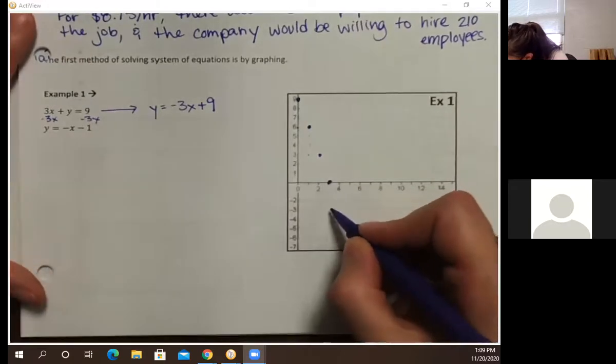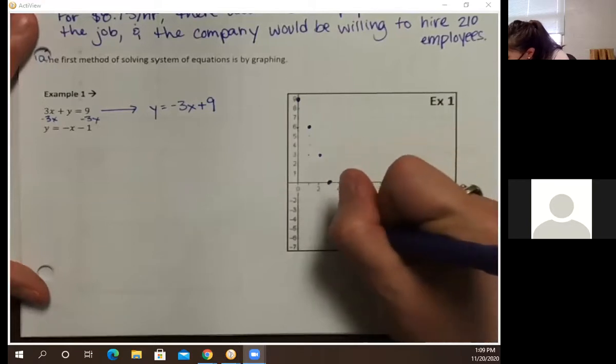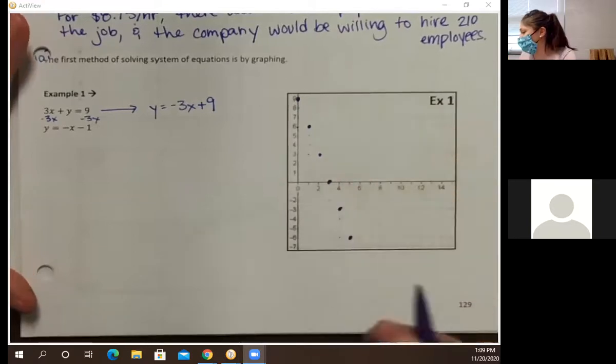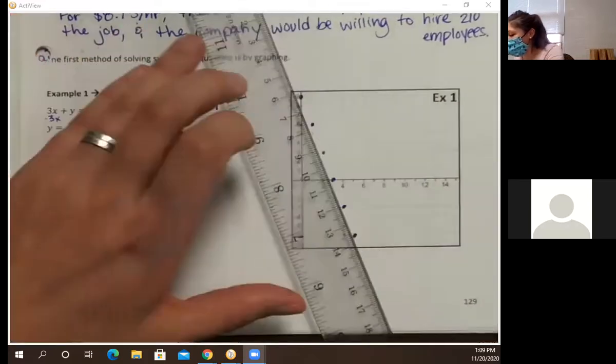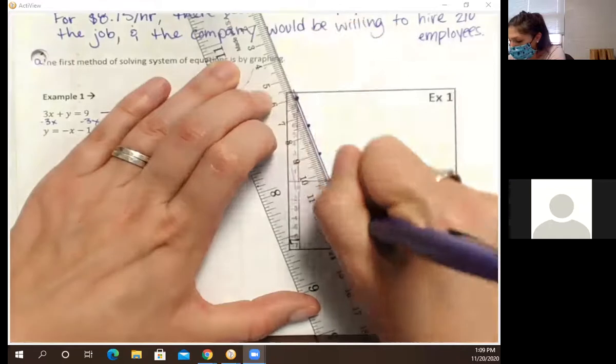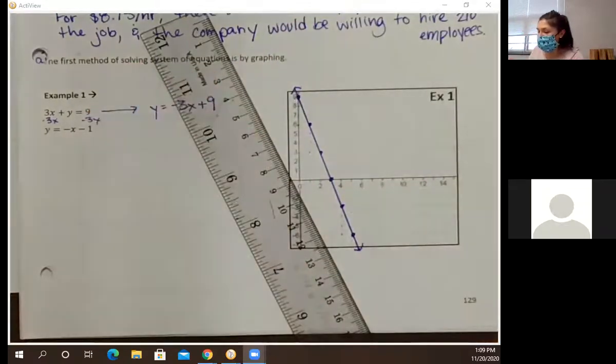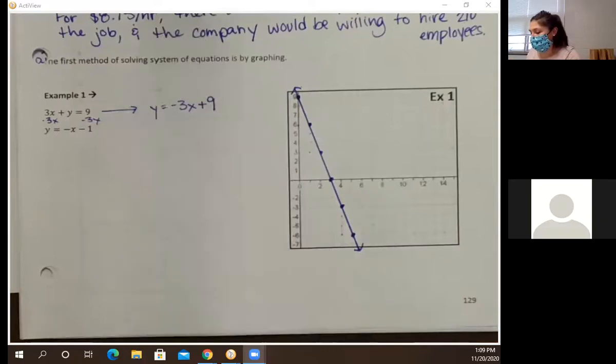Down 1, 2, 3, over 1, until I just run out of graph there. And I'll connect my points to finish up my line. So there's one equation graphed.